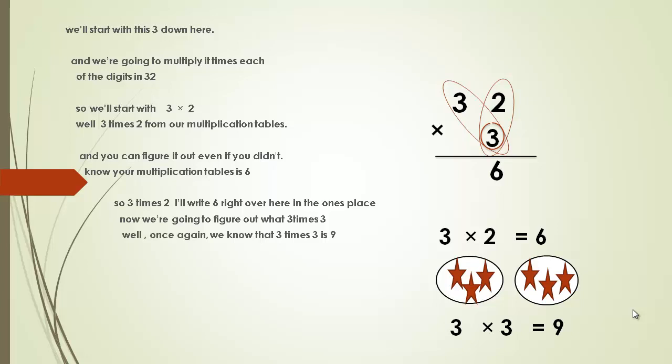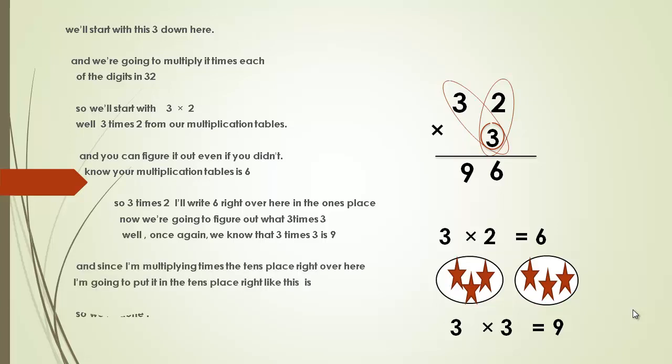If you didn't know, you can draw 3 groups, in each group 3, then calculate all. 3 times 3 equals 9. Go and write 9 in the tens place. Okay, we are done.